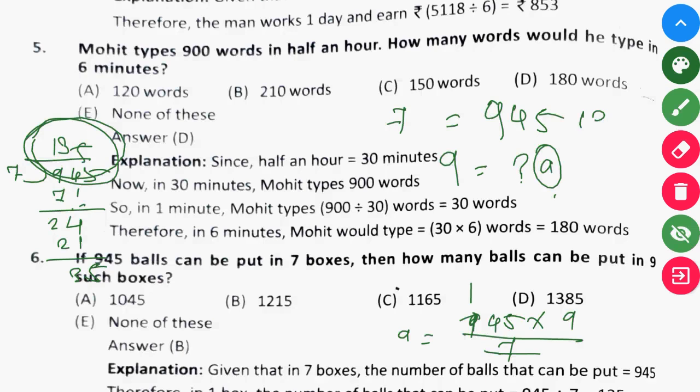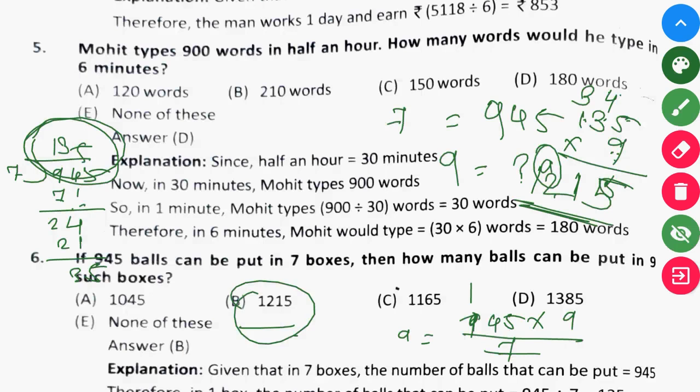So in 9 boxes we get how many balls? So 135 multiplied by 9, 9 5s are 45, 4 will be carried forward, and 9 3s are 27 plus 4 is 31, 9 1s are 9 plus 3 is 12. 1215 is your answer.